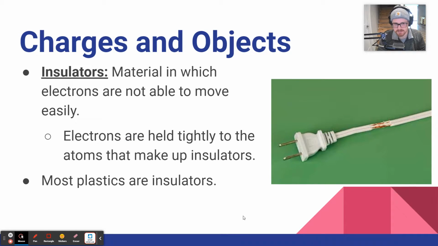And then there are insulators. These are materials that do not let electrons move in and out, and electrons do not really move all that easily through them. Electrons are held tightly in the atoms that make up insulators. Most plastics are insulators.